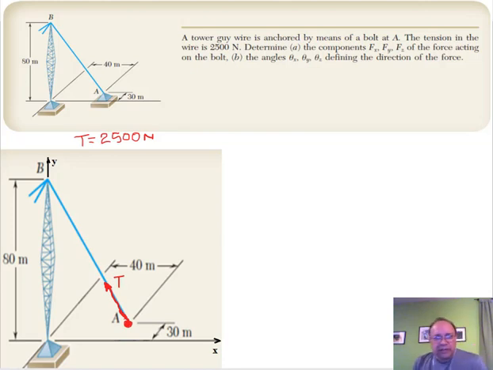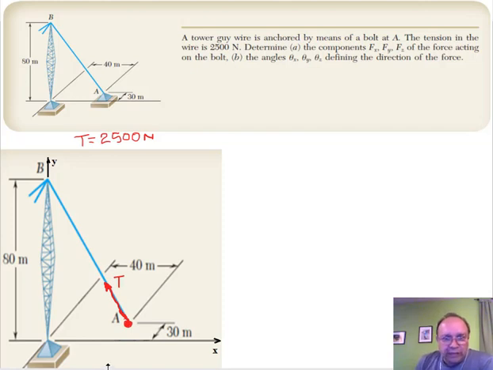The angles we are talking about here are the angles that the line AB makes with respect to the axes X, Y, and Z. If we find those angles, we can use them in order to get the components of the force.